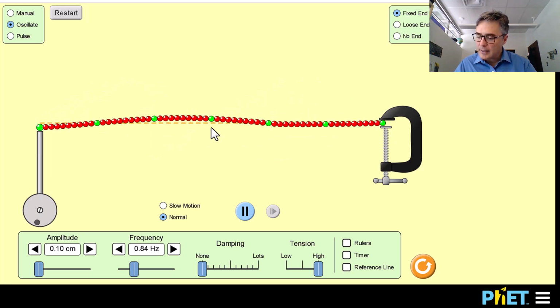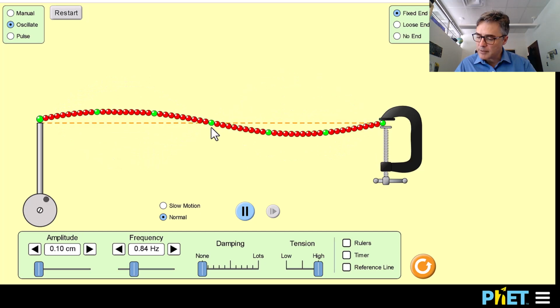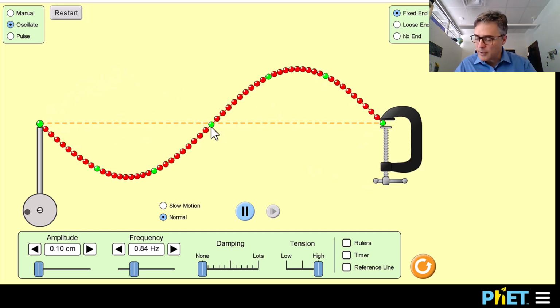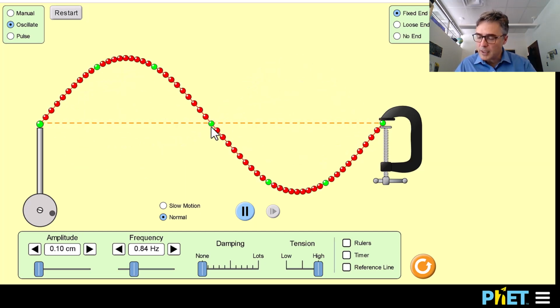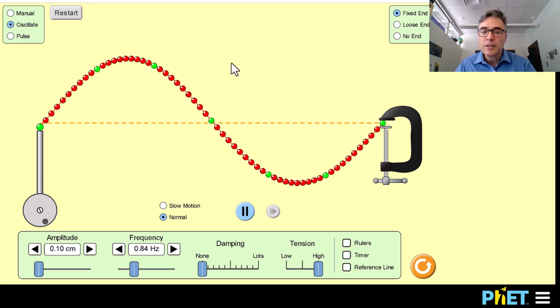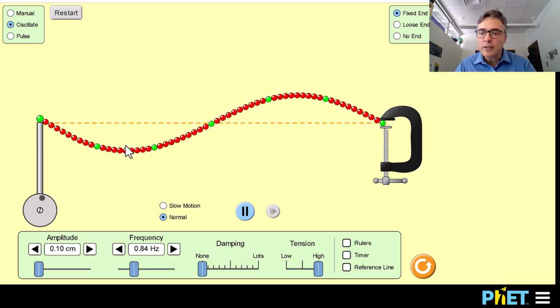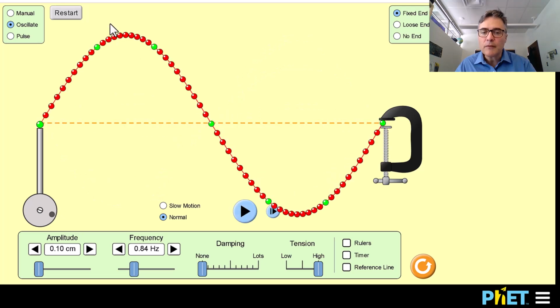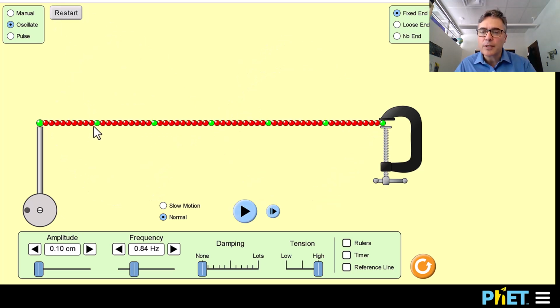And what they're asking you to do in step 7, and that's the one for the pre-class quiz, is to find a frequency for which all the green beads are nodes. This has got one node. You want to find a frequency for which all 1, 2, 3, 4, 5 of these green beads are nodes.